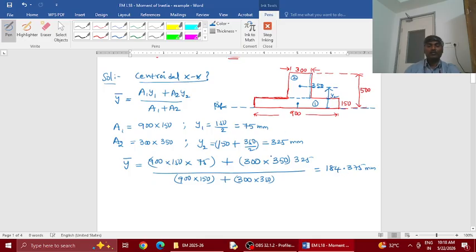So the location of the centroidal x axis of this figure is at a distance of 184.375 from the bottom horizontal line. You have taken the bottommost horizontal line as the reference, and from here the centroid is located here.